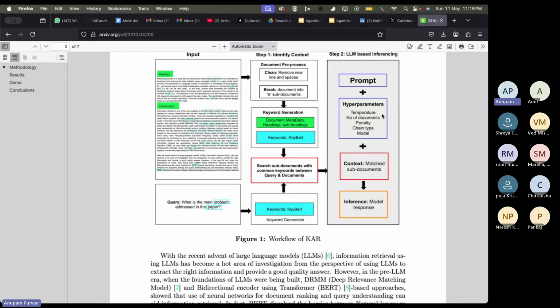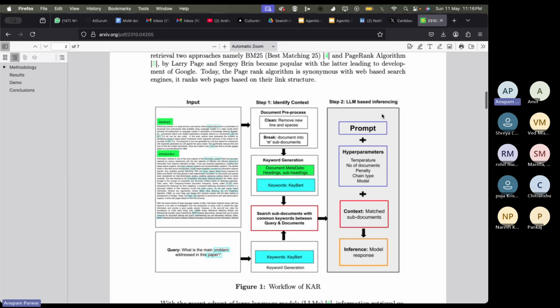And this is the overall workflow of the keyword augmented retrieval. So here, instead of matching which vectors match the query vector, we are comparing the keywords in the query and the keywords in the information which is stored.